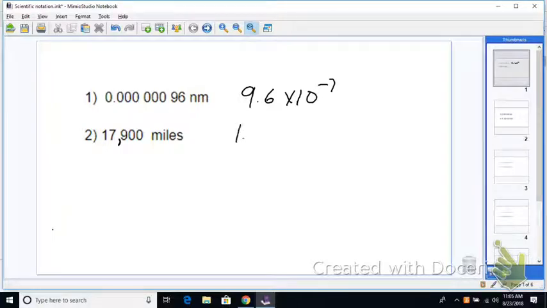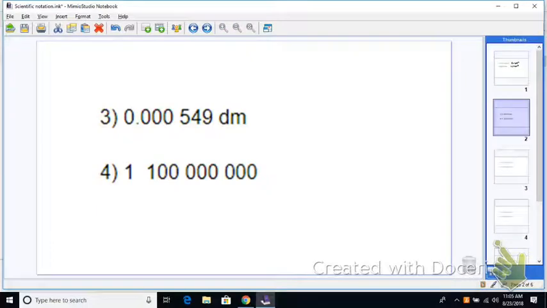So it becomes 1.79 times 10 to the 4th. Okay. Any questions on that? Movement becomes your exponent, how many times you move it. Small numbers, a negative exponent. Larger numbers, positive exponents. So let's have you just do 2 on your own real quick, and we'll do the answers.